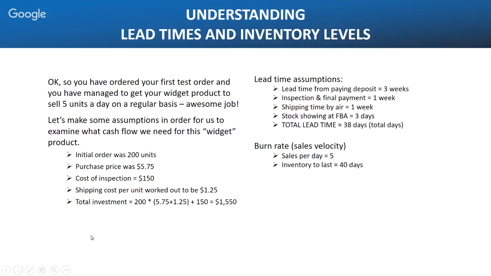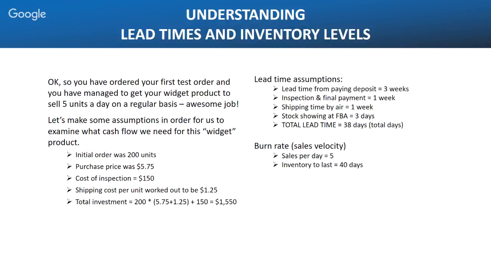Trying to understand the inventory levels and the lead times is the start of the problems when it comes to cash flow. All right, so let's have a look at a number of examples here. So let's run through these.